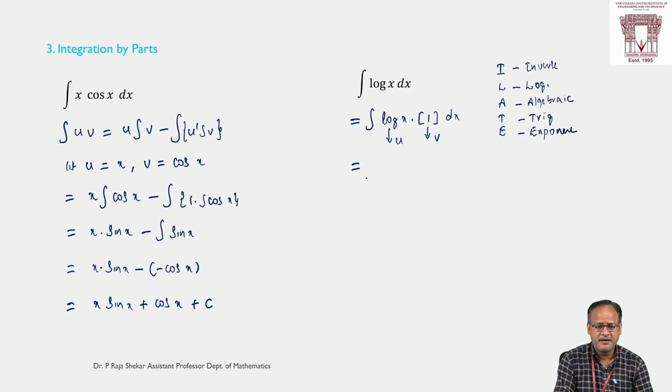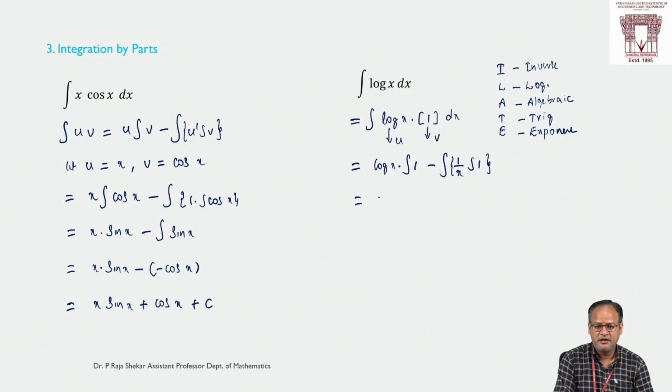Now integration by parts: u into integration of v, that is integration of 1, minus integration of the derivative of u, the derivative of log x, which is 1 by x, into the integration of 1.